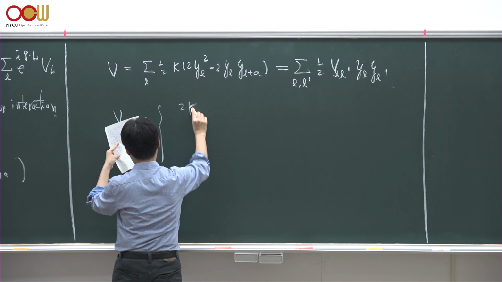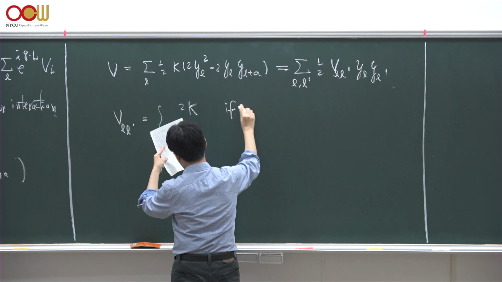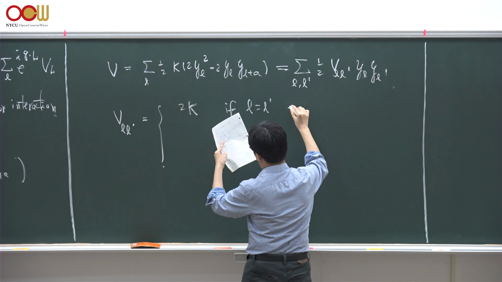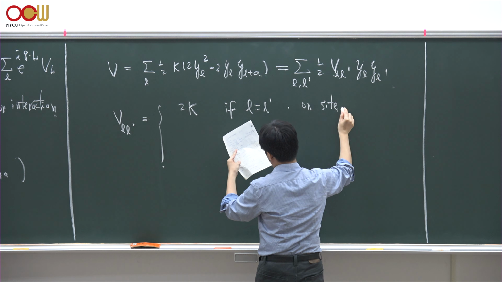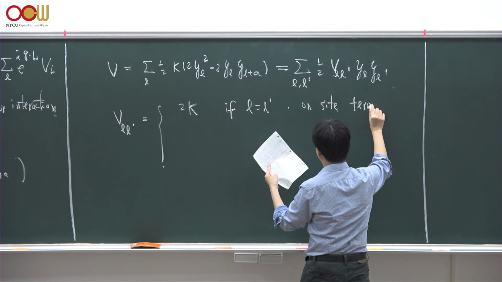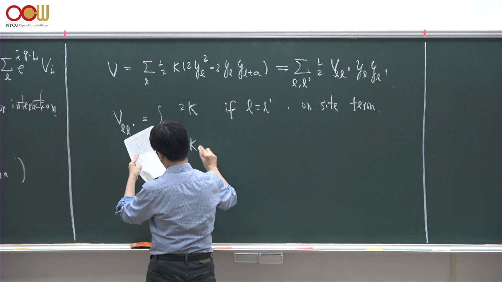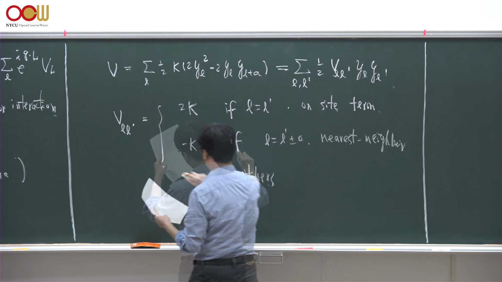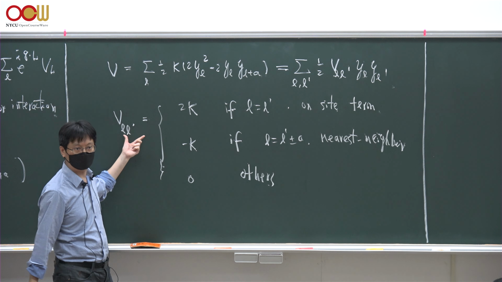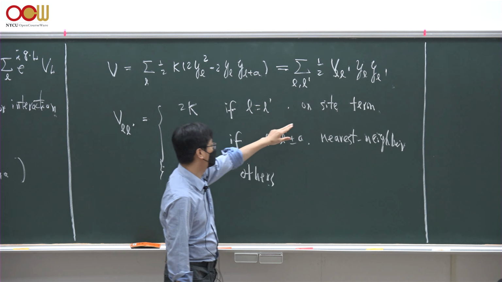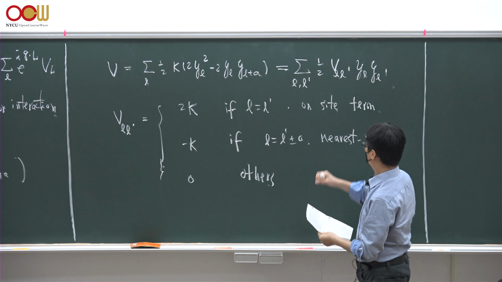You can very easily see that it depends on whether l is equal to l prime, or they are adjacent sites, or they are just on site. So there are 3 different values that this V_{ll'} can take. One is the onsite, where l is the same as l prime.